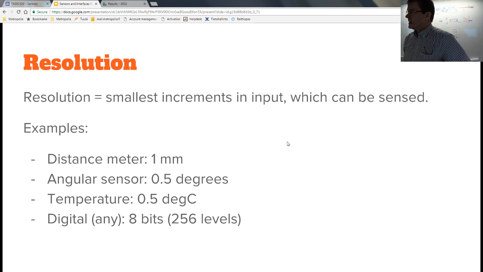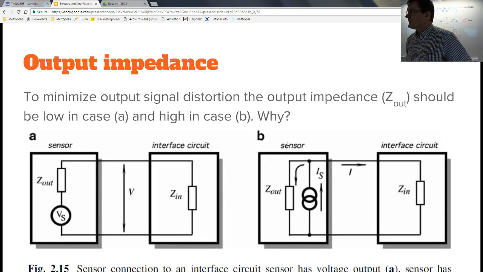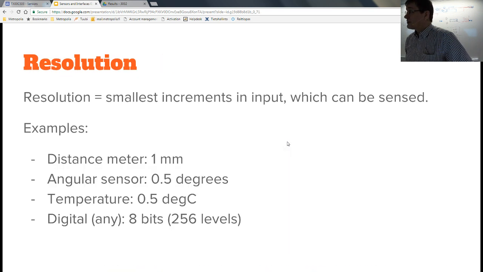Okay, resolution again. Smallest increment in input which can be sensed. And basically resolution is usually given for the digital sensors, not analog, since in analog you have this accuracy and precision.